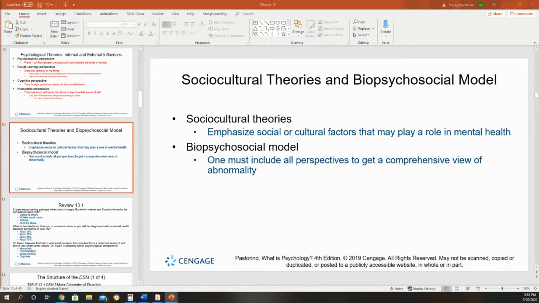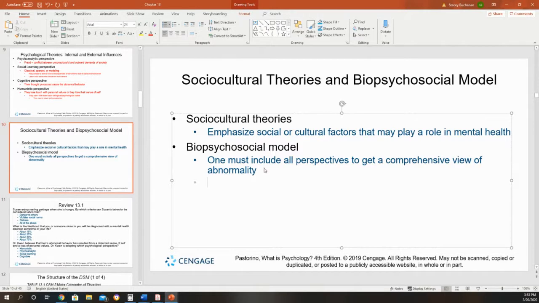And then finally, the biopsychosocial model, which combines all of them. So it's all the perspectives in one. This is usually the best way to go, because you kind of encompass everything. So I'll give an example. A person with depression. They have changes in their brain chemistry. That's a biological factor. It's usually diagnosed in women more.